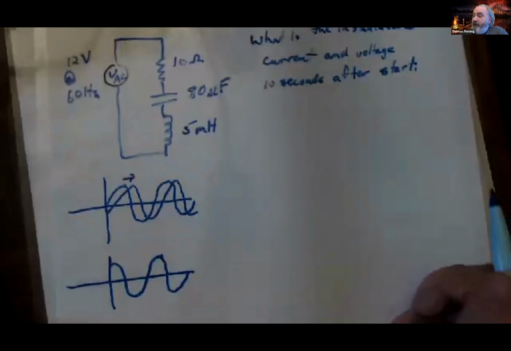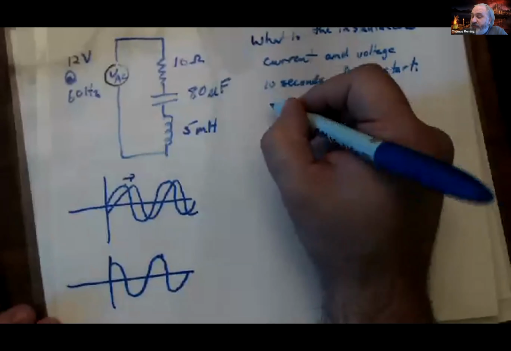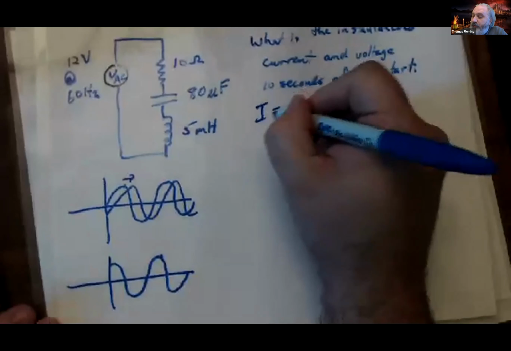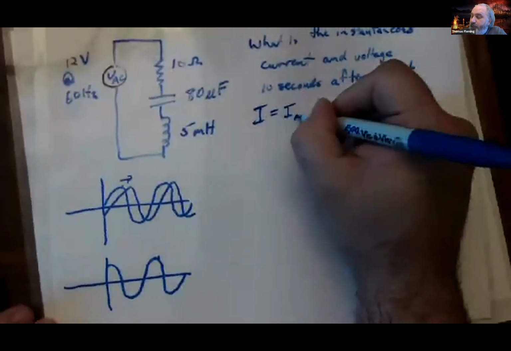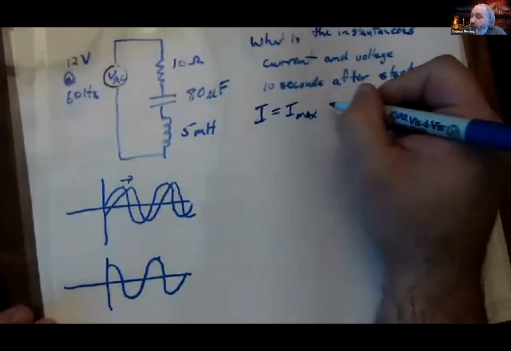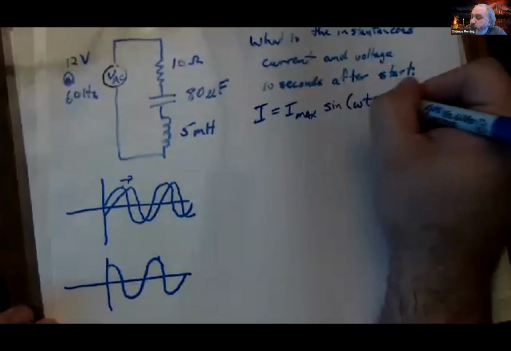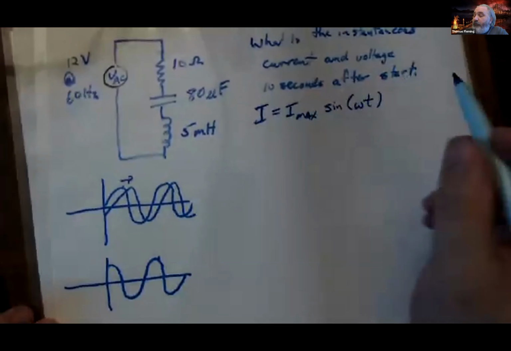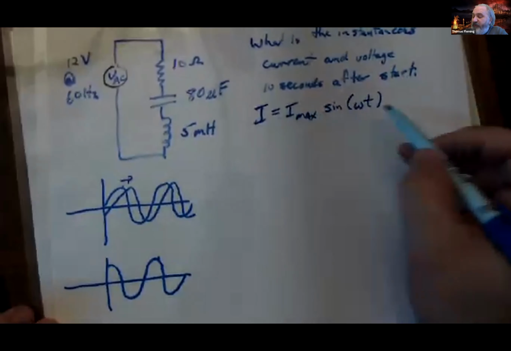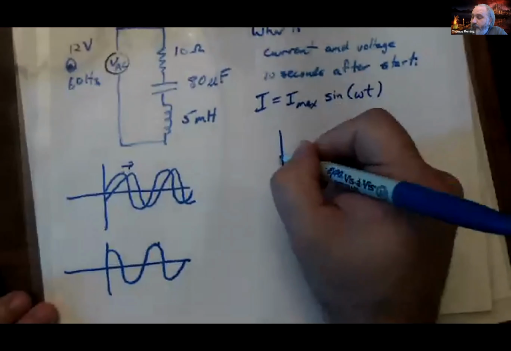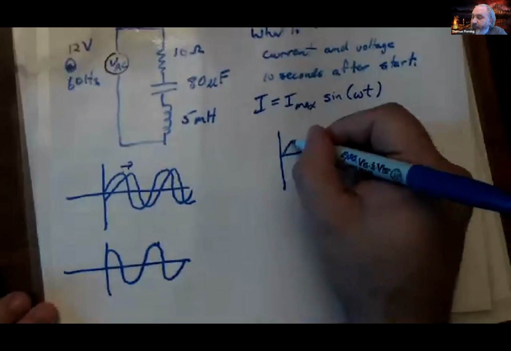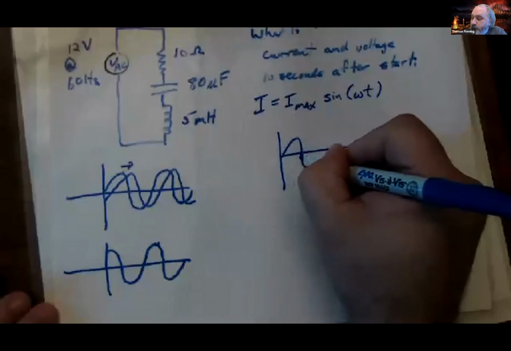And in fact, you do it in such a way that the current can be written with no phase shift. So I can say the current equals I max sine omega t. If I do that, then my current graph would look like a regular sine wave. And at time 0, it would start out at 0.